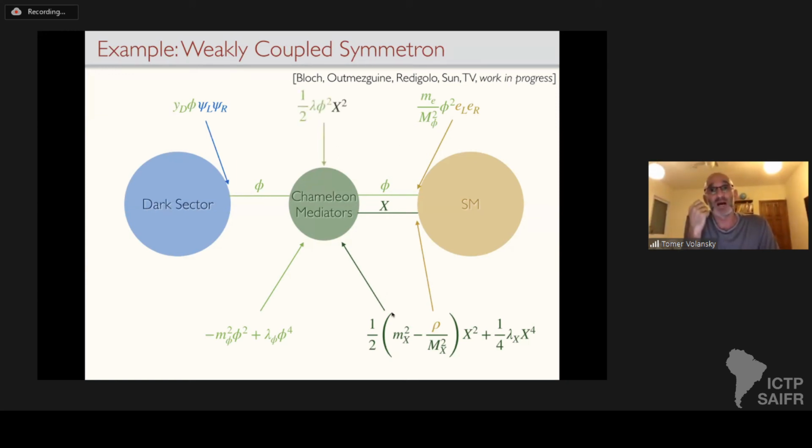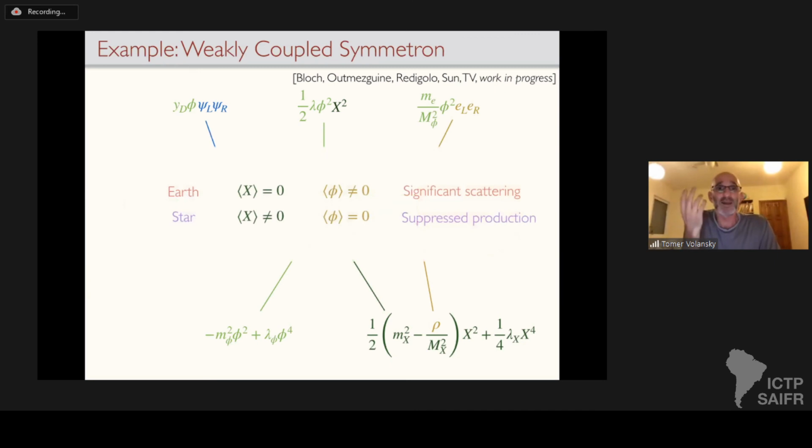However, we now turn on some coupling dynamics inside this chameleon mediator sector, which can influence whether phi gets a wave or doesn't get a wave. Okay, it's like a waterfall field if you want. And bottom line is, in the Earth, phi gets a wave, which is why we get scattering, but in stars, X gets a wave and then phi doesn't get a wave, and you suppress production.